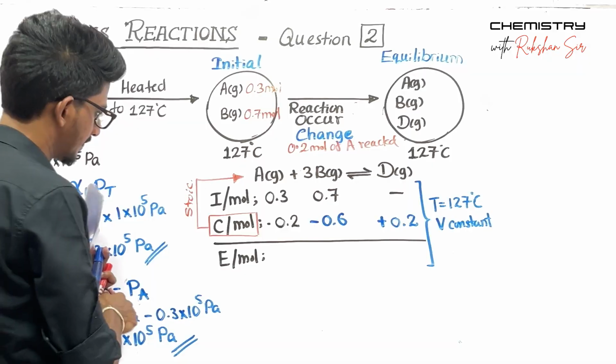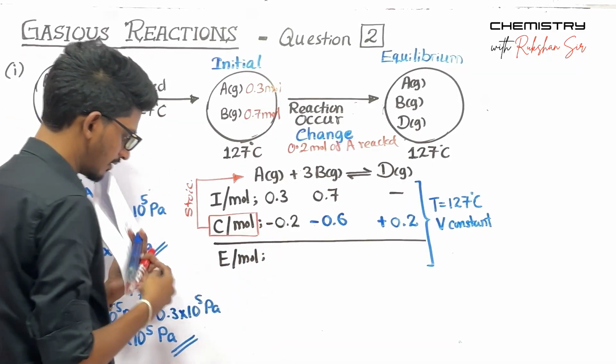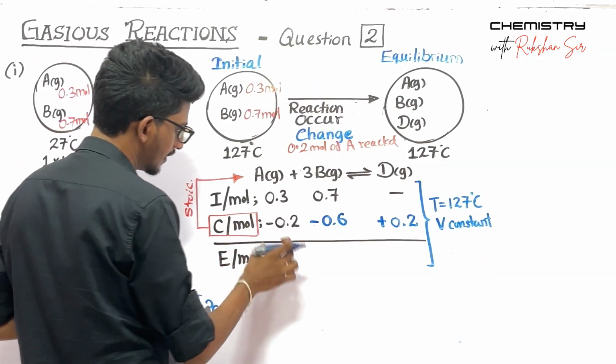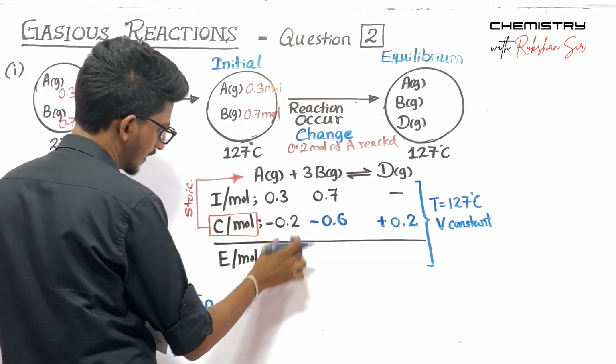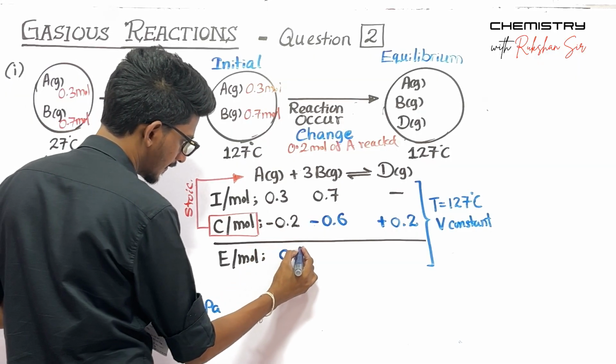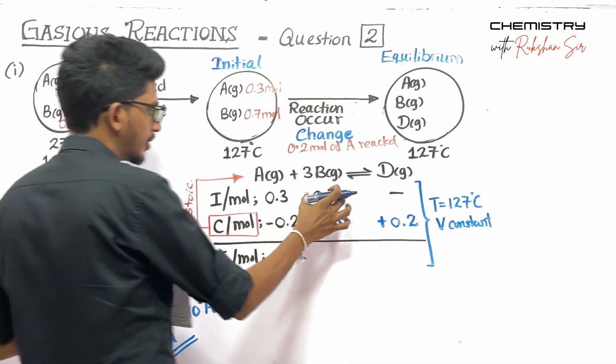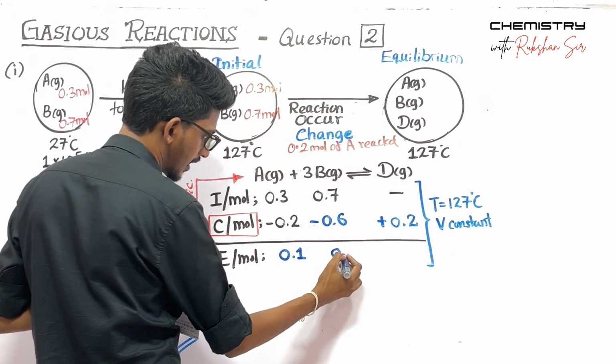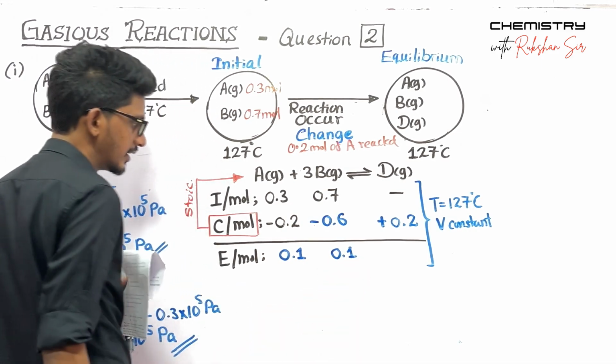Okay. Then we'll come up with the final values. You started with 0.3 of A, 0.2 was reacted, so the end value is 0.1 for A. 0.7 was there at the beginning and 0.6 reacted, that means 0.1 will be there as moles for B at the end.